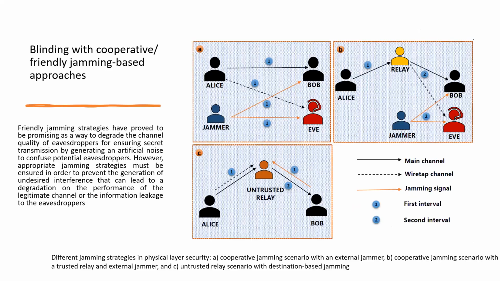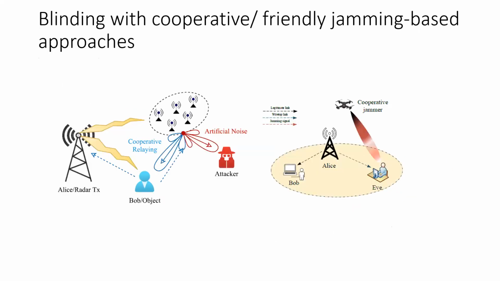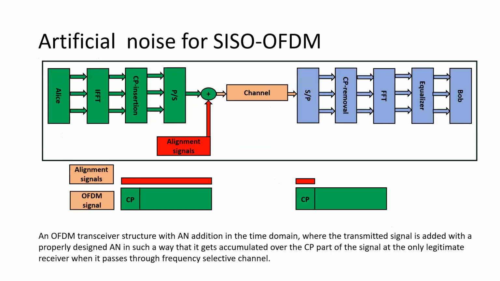I want to mention that artificial noise based techniques are applicable even if there is no MIMO, as in cooperative jamming based techniques, or if we have a single antenna at the transmitter. For example, in case of OFDM, we can still apply artificial noise based techniques, but the design will be different here.